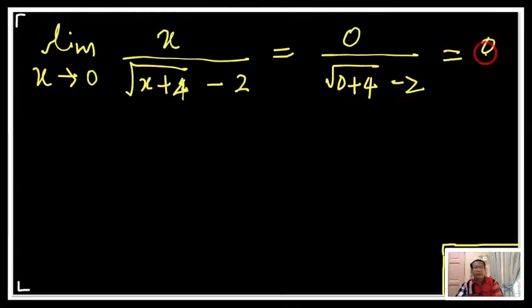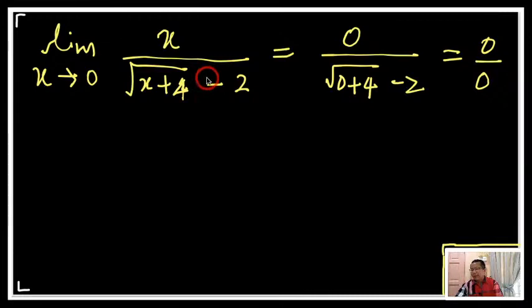So this one also is the case of 0 over 0. But this one, you cannot do factorization.